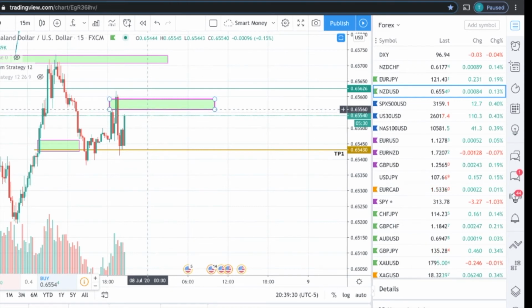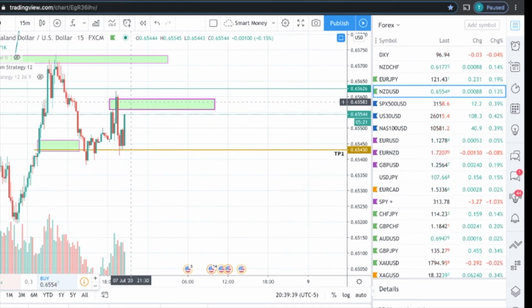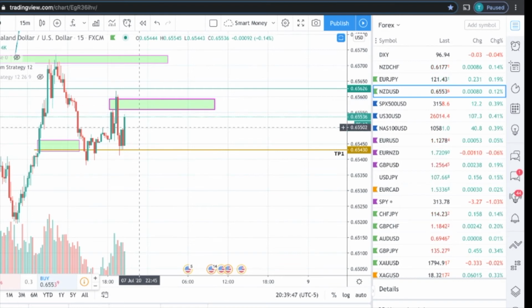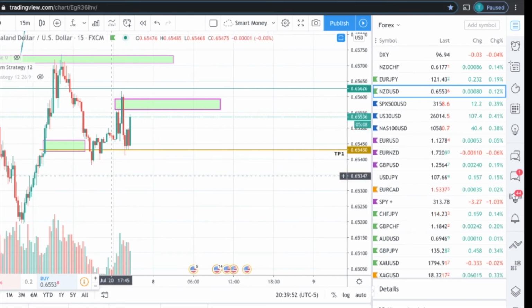And I probably want to enter as soon as it gets into this imbalance zone. I may want to wait until it gets farther into it if I can. But there's definitely some buying pressure right now. But what I'm thinking is that it's buying to sell. That's what it's been doing, and that's what these tend to do.